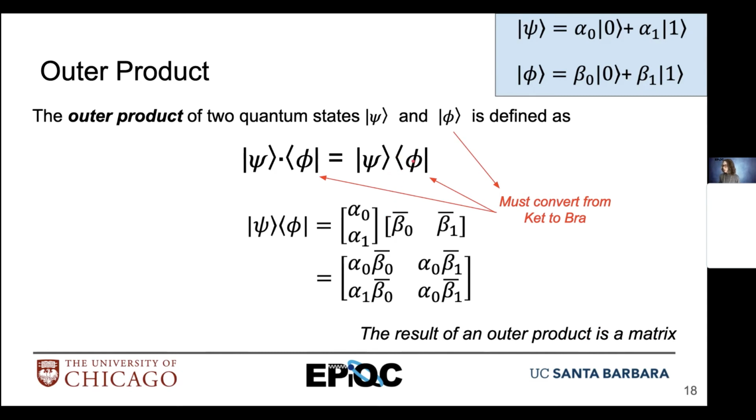Because we're taking the complex transpose of our state phi, we will have alpha 0, alpha 1 for our first state, the complex conjugate of beta 0, complex conjugate of beta 1 for our second state. And we're going to do our matrix multiplication. So once again, for matrix multiplication, we can combine two vectors or two matrices if our inner dimensions agree.